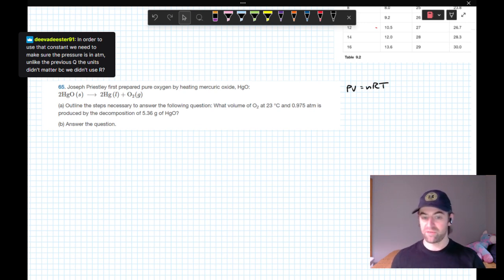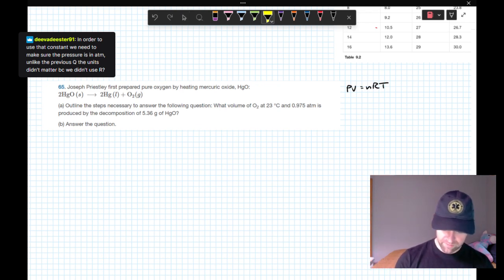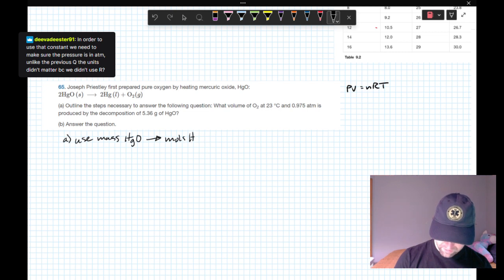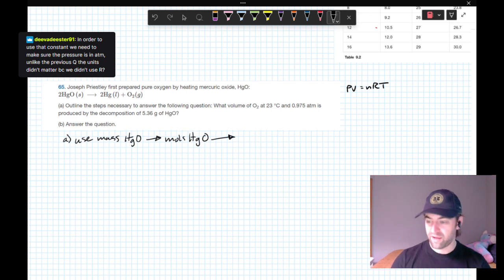And then from there, we can determine the volume of O2 from the moles of O2, temperature, pressure, etc. So we start with mass to calculate moles and then determine the ratio to moles of oxygen.